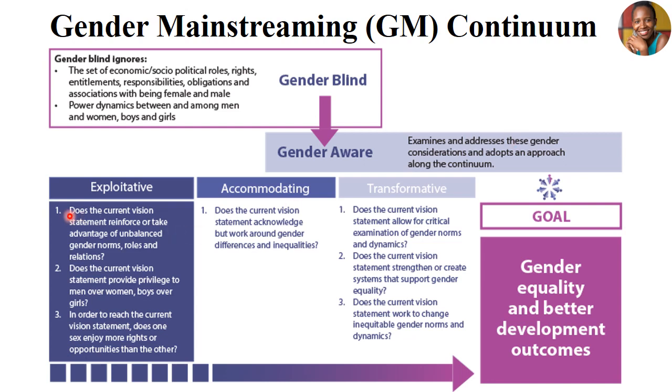The continuum has three points, where you can either be exploitative, accommodative, or transformative. Remember, the goal is to be gender transformative, not exploitative or accommodative. Accommodative is a bit good, but not as impactful as being gender transformative.